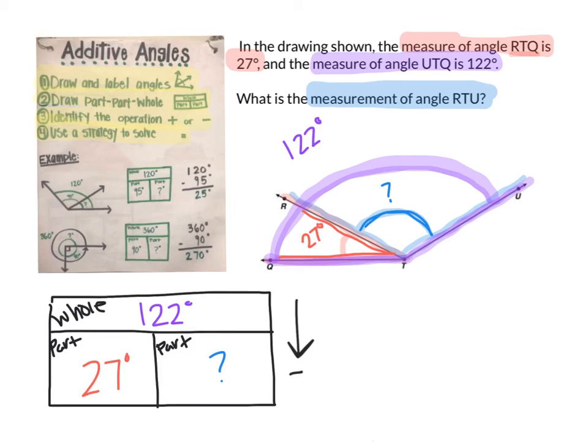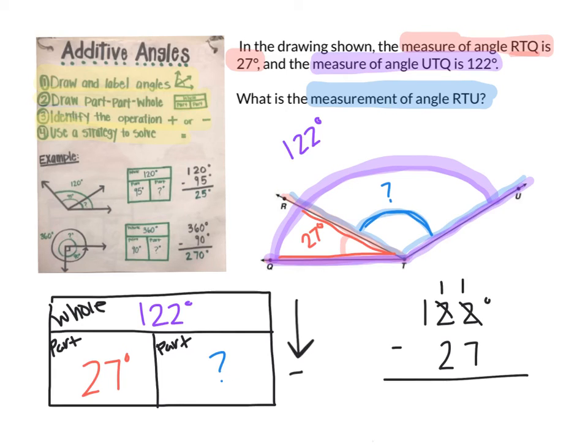Now we're moving on to our last step, use a strategy to solve. So let's stack our numbers and subtract using the standard algorithm. We've got 122 degrees minus 27 degrees. So we've got 2 minus 7. Can't do that, we need to borrow. Our 2 becomes a 1.